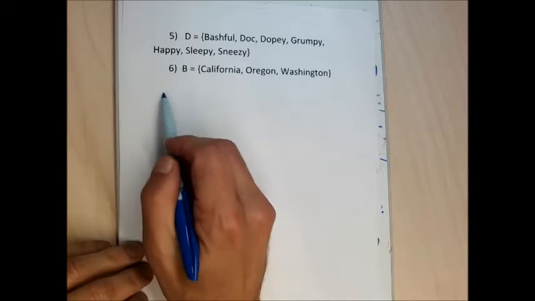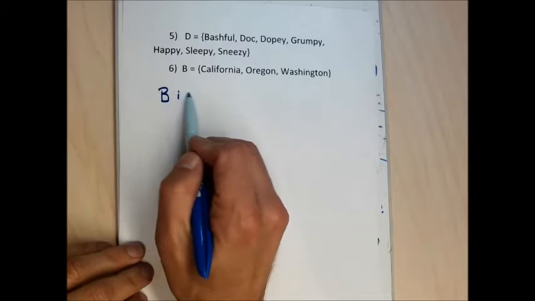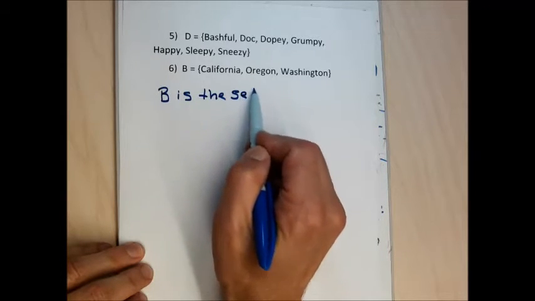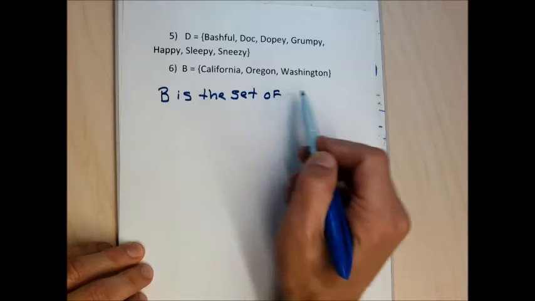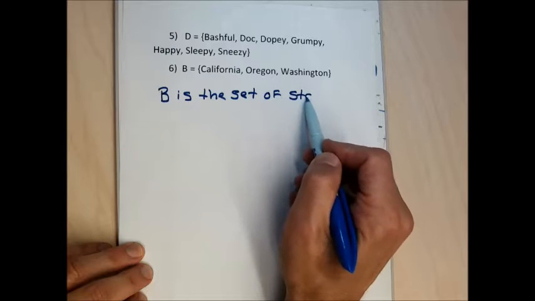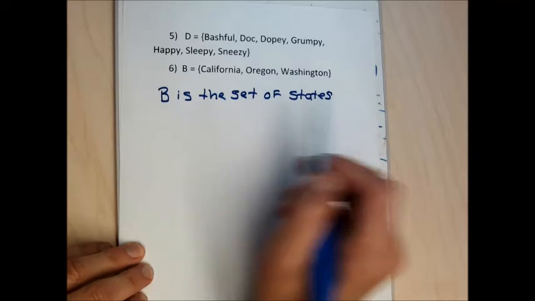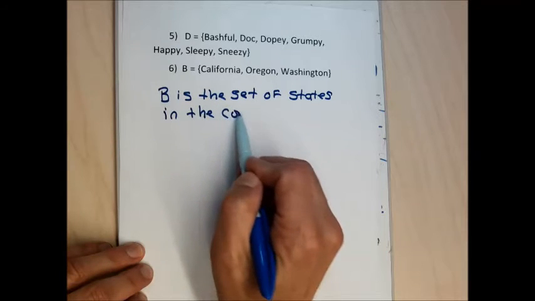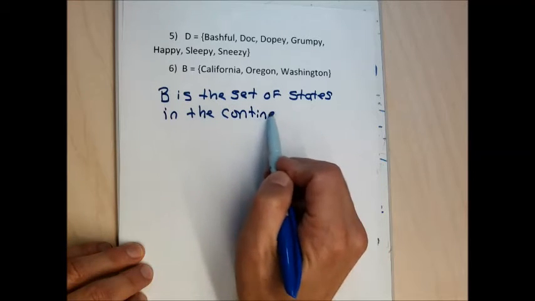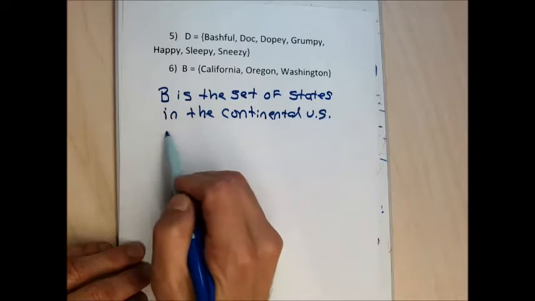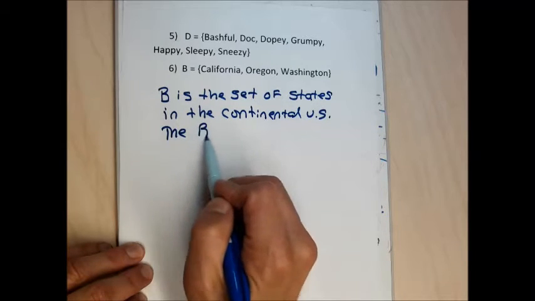So for me, I'm going to say B is the set, and I'll probably spell a word that I can't spell, of states in the continental U.S. That's the word continental that I don't know if I could spell. That border the Pacific Ocean.